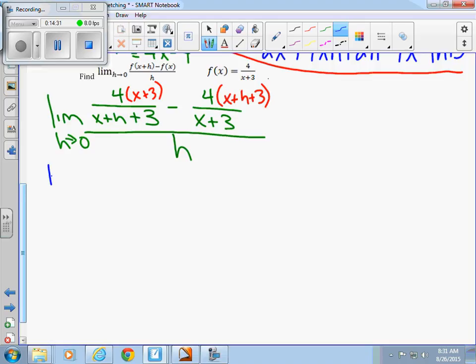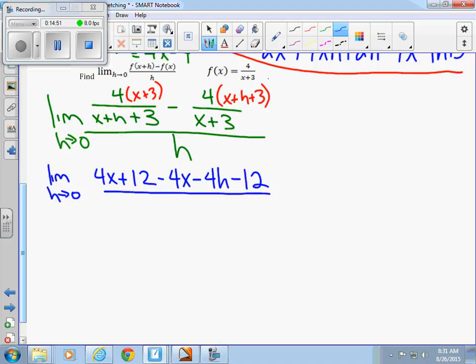So I get the limit as h approaches 0 of 4x plus 12 minus 4x minus 4h minus 12. Are y'all all okay with why those are all negative?